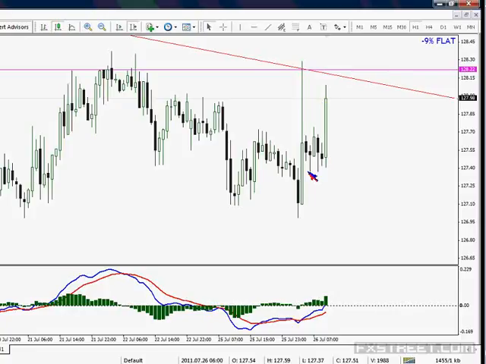I wouldn't be comfortable buying at this point, even with a tight stop of, well, 50 pips is not actually that tight a stop. So I just don't think that the risk would be worth it, and that the probability of the trade is high enough to be worth a risk of 50 pips.